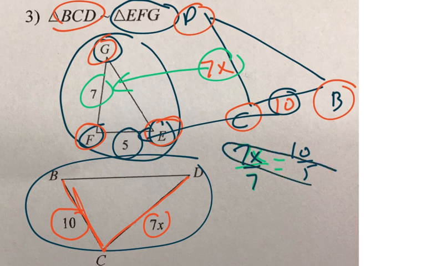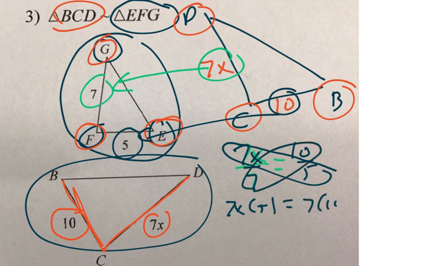And if I cross multiply, I got 7x times 5 equal to 7 times 10. This is 35x equal to 70. Dividing by 35, I know x must be 2.